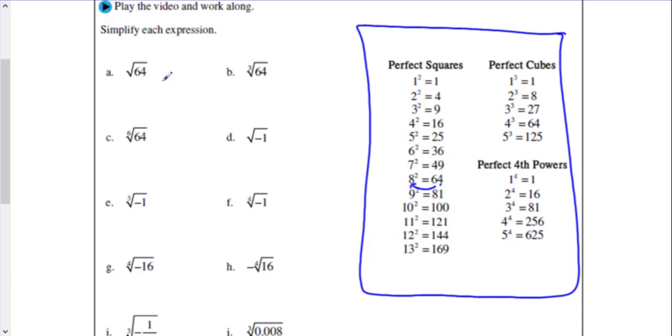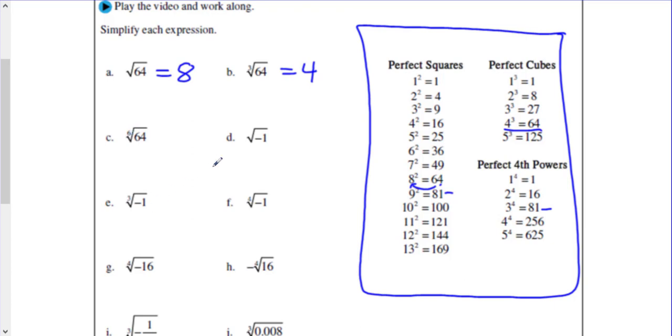Its base is an 8, so that means the square root of 64 is 8. Now, be careful because this says cube root of 64. That 3 right there in the pocket means cube root of 64. So look in the cube list. 64 also appears in the cube list, and its base in this case is a 4. So with 64, it's a number that appears more than once. 81 is also a number that appears in 2 different lists, so you got to watch that one as well.